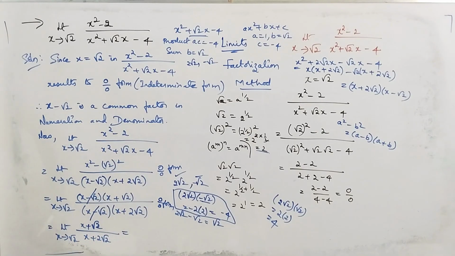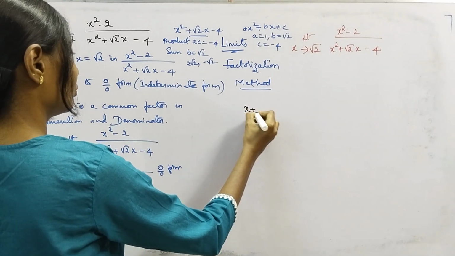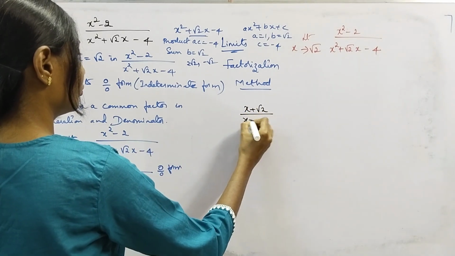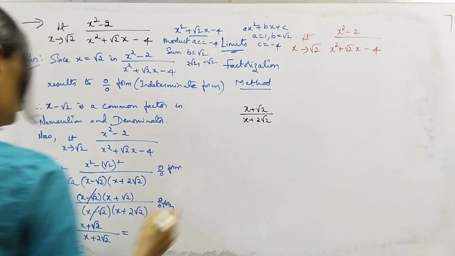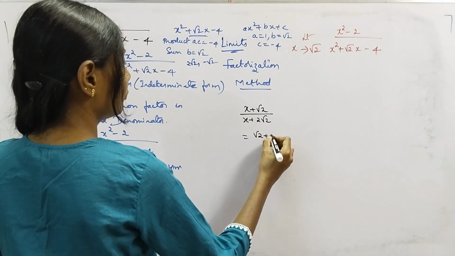Now take this expression, put x equal to root 2 and see what you're going to get. If you get a finite number, then it's okay. Otherwise, let's see. x equal to root 2.